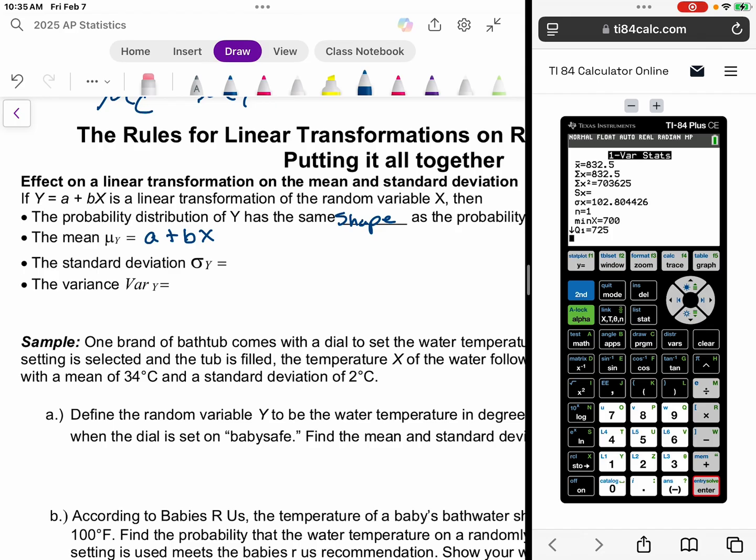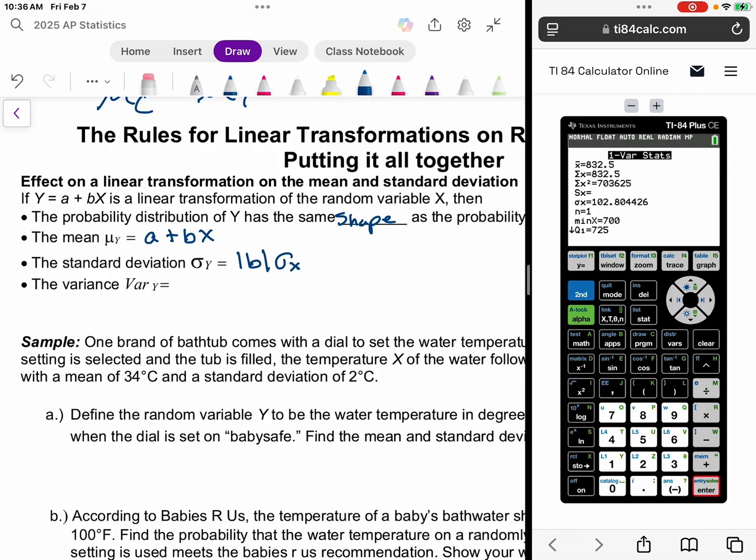When figuring out the standard deviation of y, it is the absolute value of what I'm multiplying by, b, times the original standard deviation of the x values.